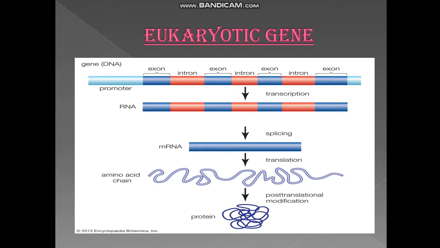Split genes are the sequences of coding genes, actual genes, which are interrupted by non-coding regions. So this eukaryotic gene can also be called a split gene, because the whole gene of exons is interrupted by long stretches, and these long interruptions are not coding for any gene. These non-coding regions are called introns, and such a eukaryotic gene is called a split gene.